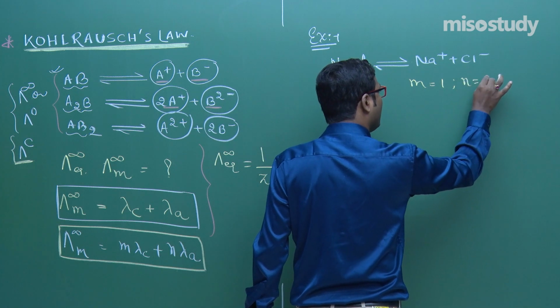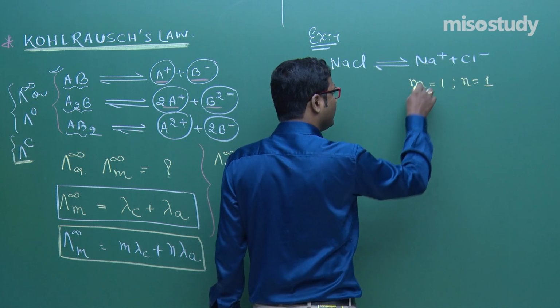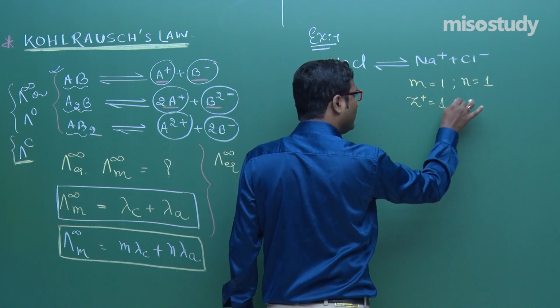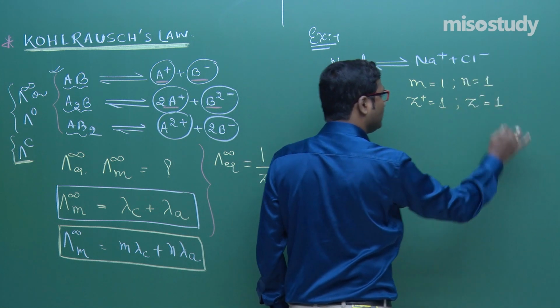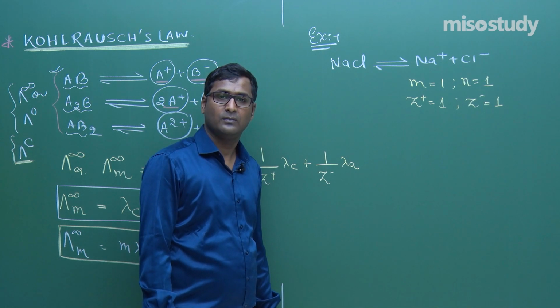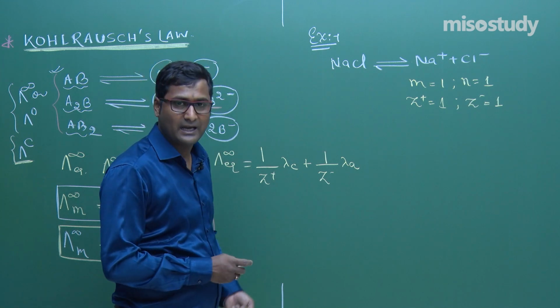The value of n is equal to 1. What is the charge here, Z plus? The charge here is 1. What is the charge of the anion, my friend? That is 1. Clear to you? Am I right, my friend? Yes, sir. You are absolutely right here.